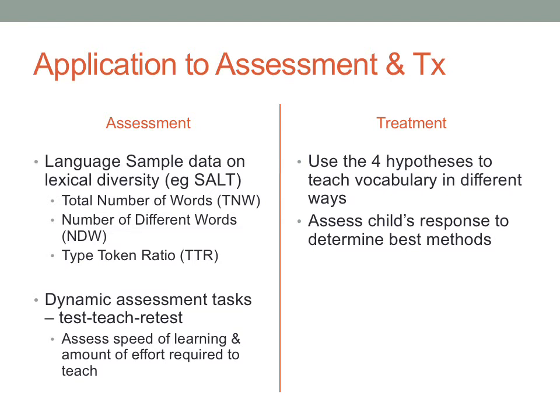We often use tests like the Peabody Picture Vocabulary Test or the Receptive One-Word Vocabulary Test. So what we're doing there is we're analyzing their receptive word knowledge. Can they recognize and point to a picture on a page that represents the word that we're saying?